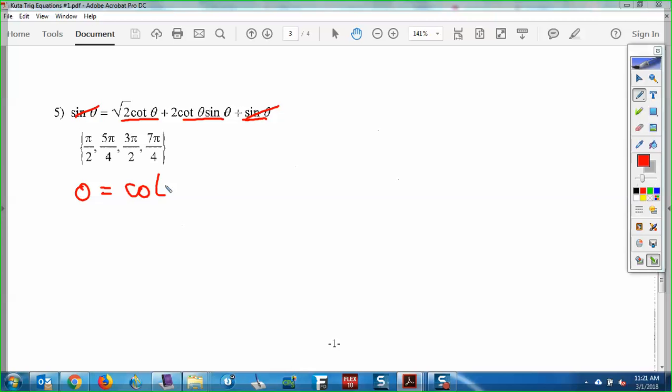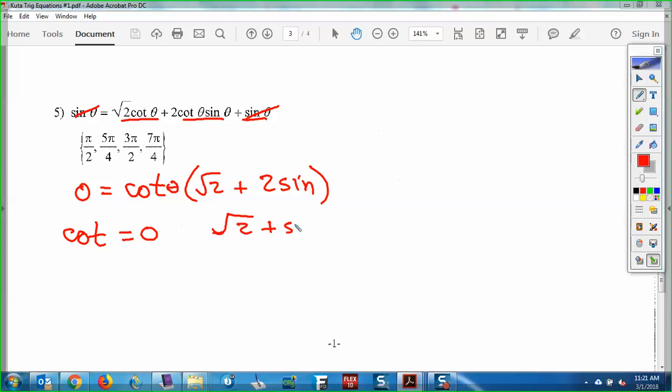Take out a cotangent. And so now I got cotangent theta, and I got root 2 plus 2 sine. So now I got cotangent equals 0, or I've got root 2 plus 2 sine equals 0.